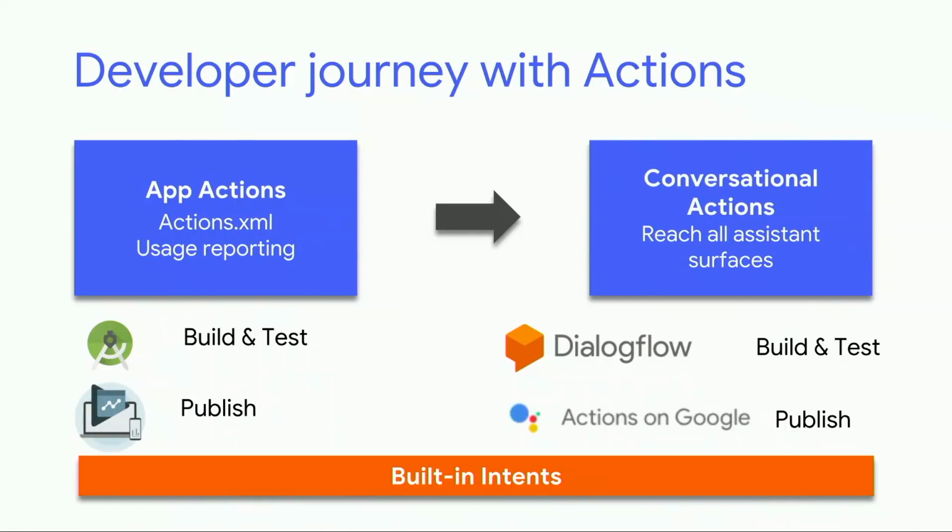For conversational, you're going to, again, use the same built-in intent mechanism to build conversational actions. You will build simple conversational actions using Dialogflow, which is a tool provided by Actions on Google. And you'll go to the Actions on Google's Actions console to manage, publish your conversational agent and conversational action.